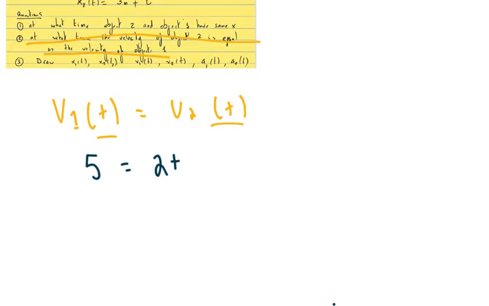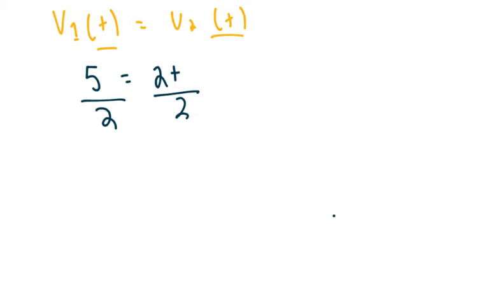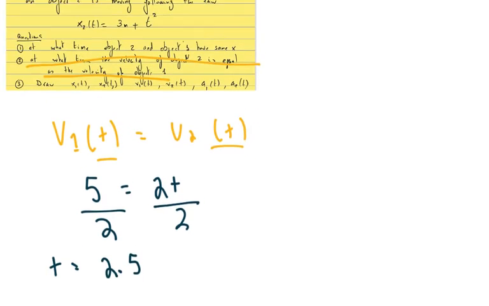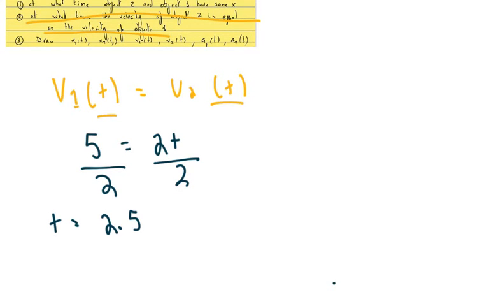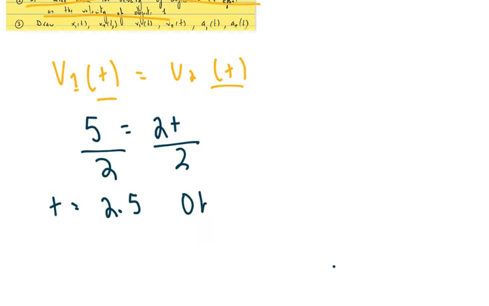Using simple algebra, we divide by 2 on both sides, which gives us t equals 2.5. So at 2.5, the velocity of object 2 and 1 will be equal.